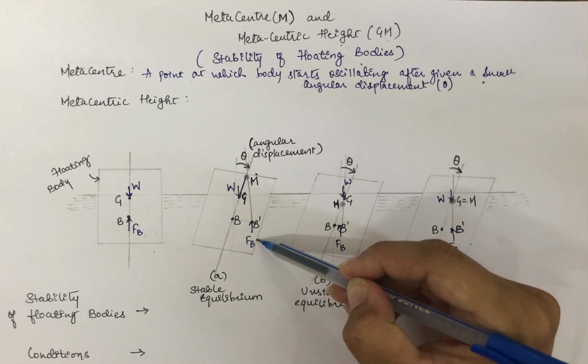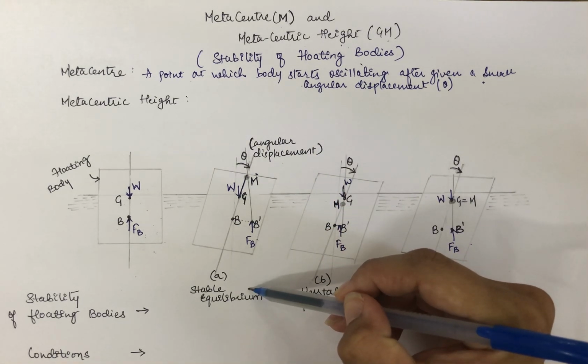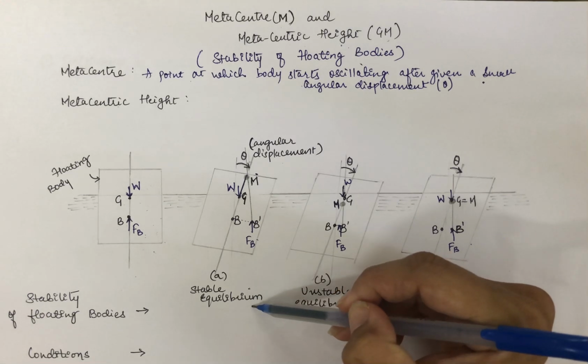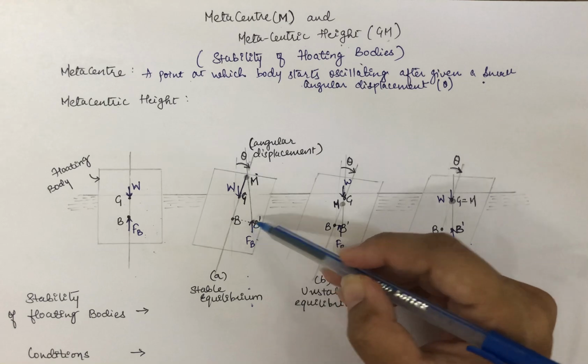So, here the first condition that is represented is stable equilibrium. So, what is stable equilibrium and what does it represent?